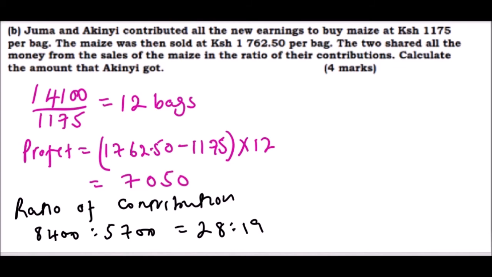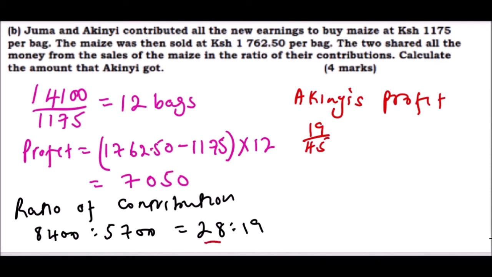So Akinyi's profit is 19 divided by 47, that should give you not 45 but 47, and you multiply by the profit they got, which is 7,050.